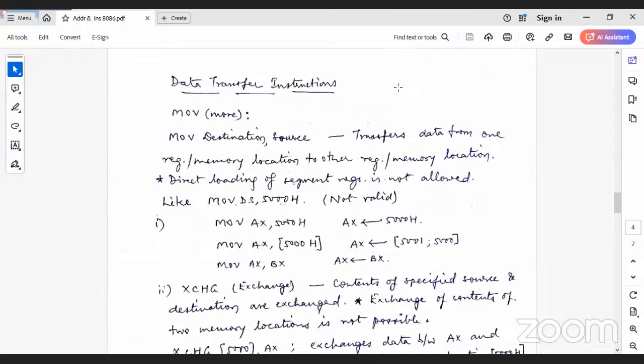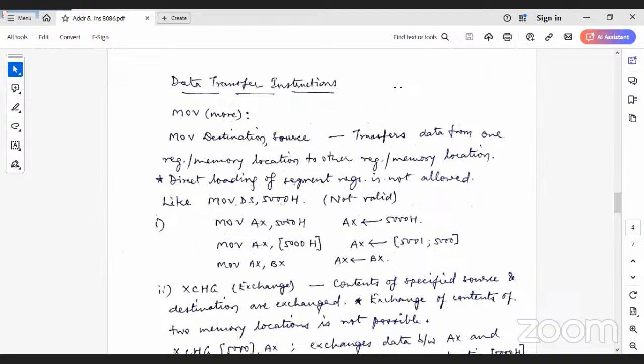Now here, on the right hand side, I have written AX with an arrow pointing towards AX, and then in the rectangular brackets I have written 5001 and 5000. It means that whatever data is present in address location 5000H will be copied into your lower byte register, that is AL, and 5001 will be copied into your AH register, the higher order register.